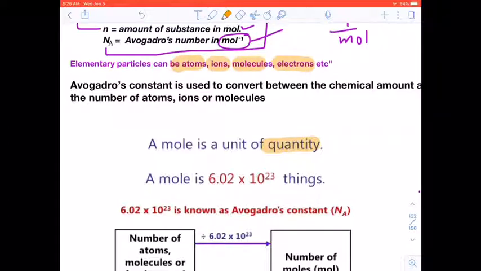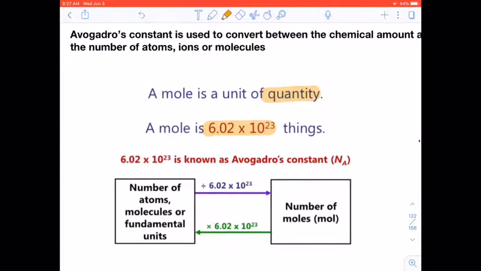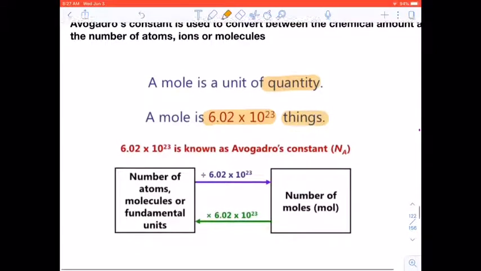But what we actually do is we get the mass of the substance, and by getting the mass of the substance, we are essentially counting the amount of particles in a mole of that substance. And a mole is 6.02 times 10 to the 23 things. What are these things? Like I've mentioned earlier, it could be atoms, ions, molecules, or any other entity.